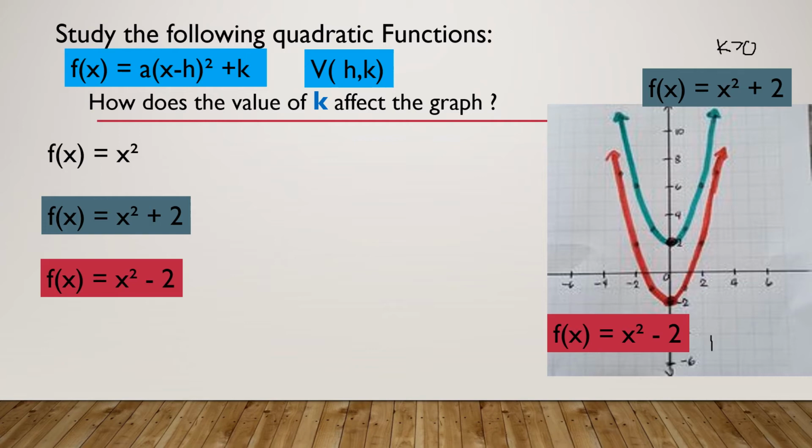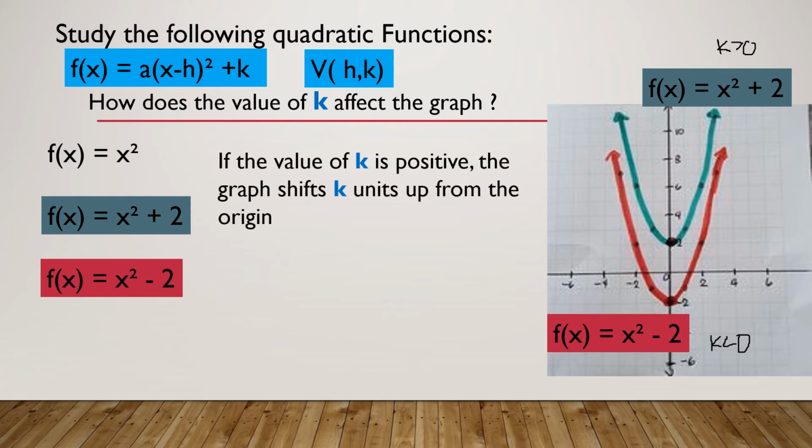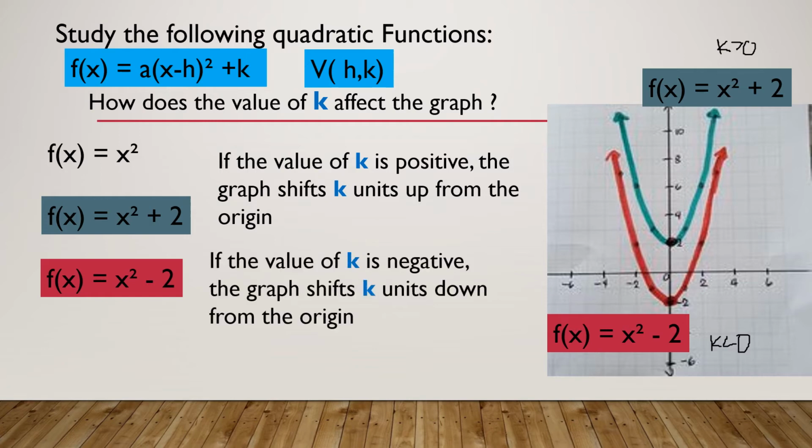Dito naman, ang k natin is less than 0 or negative. Ang movement naman niya, going down. So now, if the value of k is positive, the graph shifts k units up from the origin. If the value of k is negative, the graph shifts k units down from the origin. So that's how the value of k affects the graph of a quadratic function.